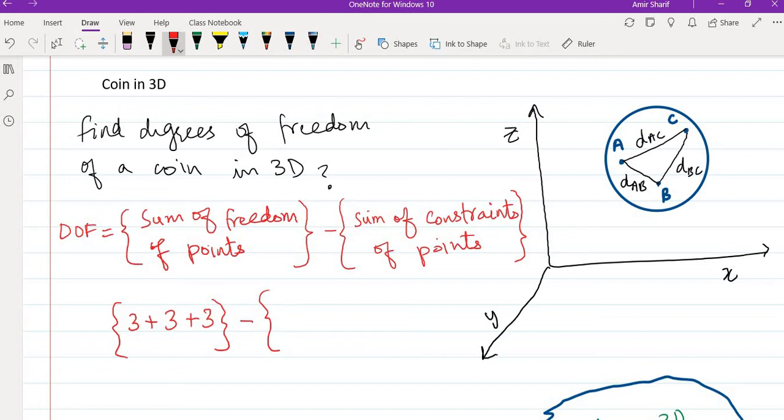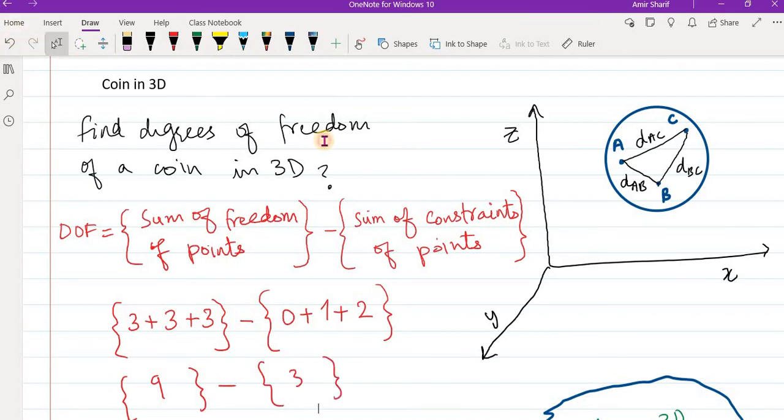Plus point B has only one constraint, which is the fixed distance from point A, so we add 1 here. Now point C has two constraints, a fixed distance from point B and a fixed distance from point A, so let's add 2 here. If we add them, this is 9 minus 3.